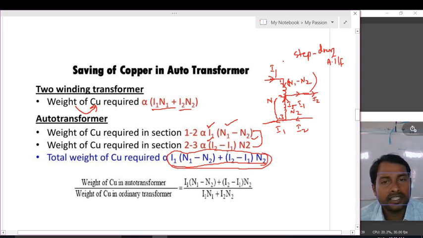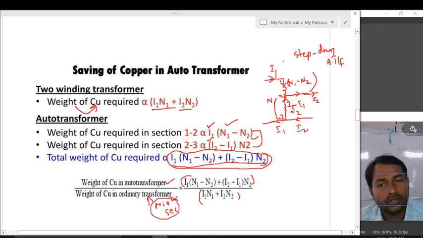So I am finding the weight of the auto transformer with respect to the two winding transformer. This is the weight of the auto transformer in terms of MMF, and this is the actual two winding transformer weight. I am comparing the auto transformer with the ordinary two winding transformer, because the ordinary transformer has two windings, primary and secondary, so it has more weight compared to the auto transformer.